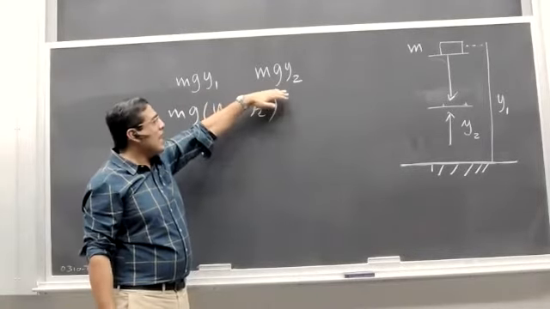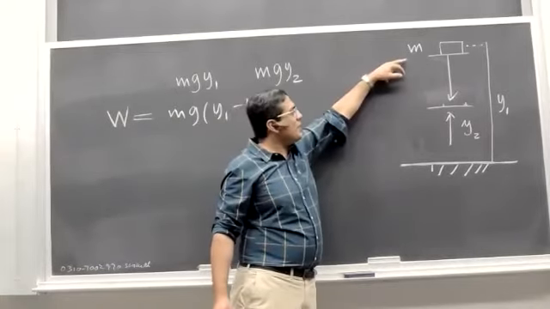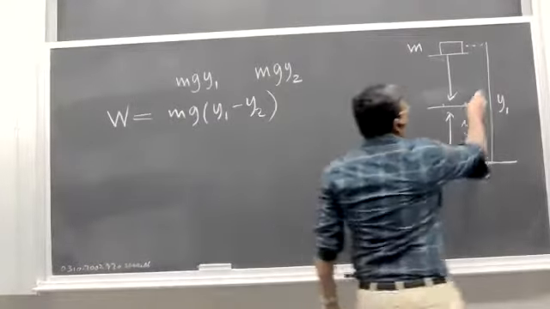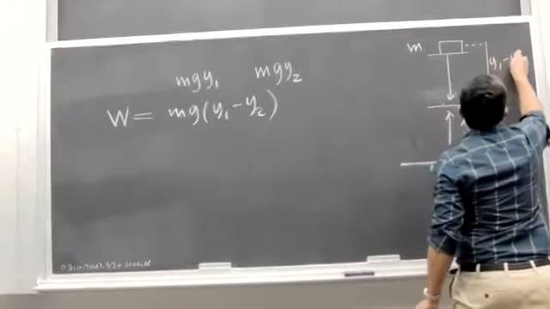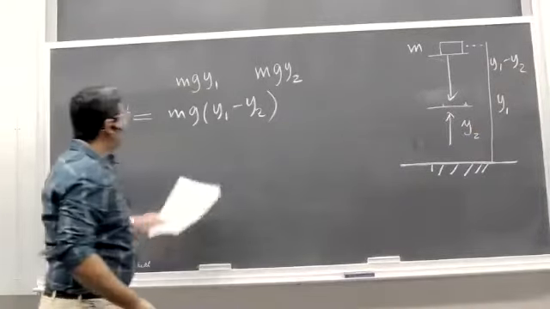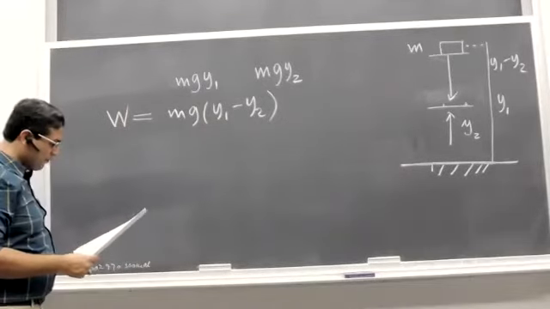And when we are looking at its ability to do work between this position and this position, then this distance, which is y1 minus y2, is what gives us its ability to do work. So this is very important, potential energy.